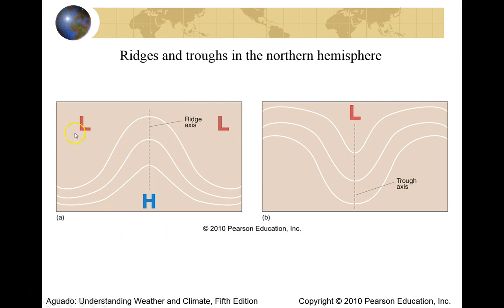In the upper atmosphere, we tend to see pressure lines identified with features called ridges and troughs. A trough is an area in the upper atmosphere where cold air is pushing south, and we see our pressure lines moving southward, indicating cold air moving in from Canada over the United States.